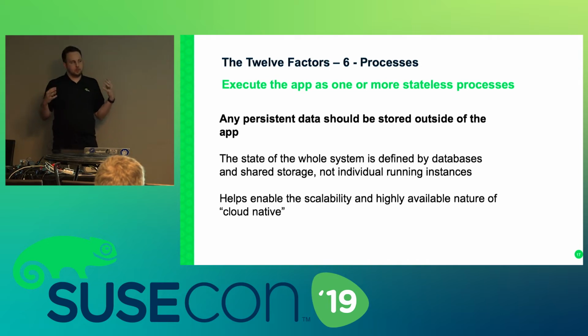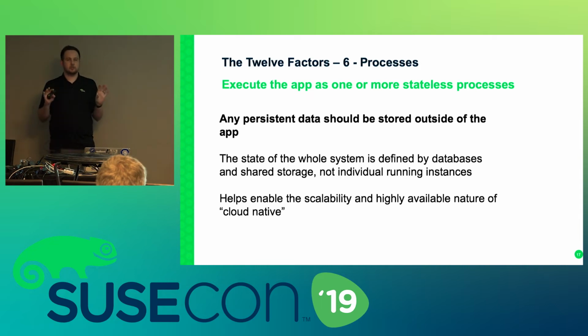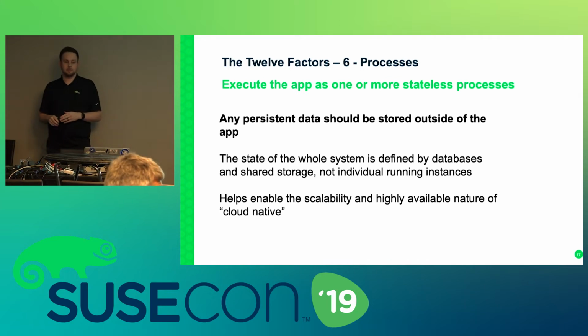What that results in is that the state of the whole system is defined by what's in the database or the shared storage, rather than individual running instances. It means that the VMs or the containers can crash and die, and the service can easily be brought back up by connecting a new instance of that container to that same shared storage or that same database.